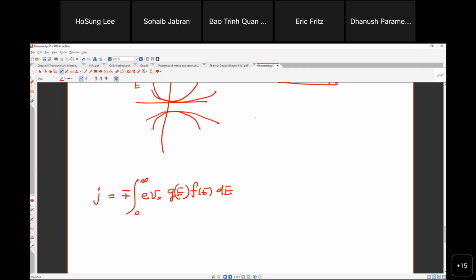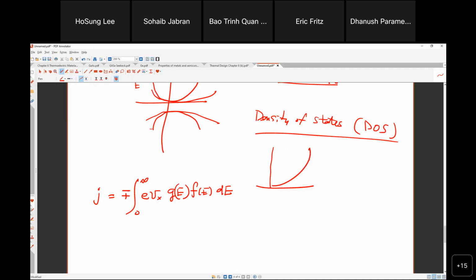What is the density of states? The density of states is very important. It turns out the energy is a power, according to one-dimensional analysis.